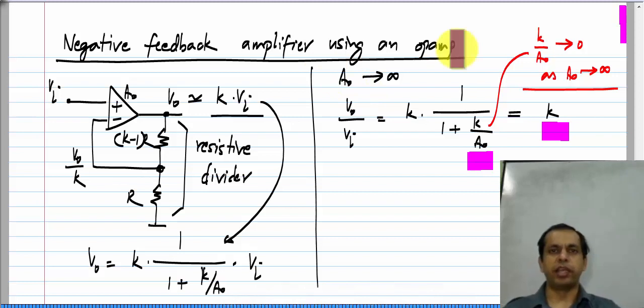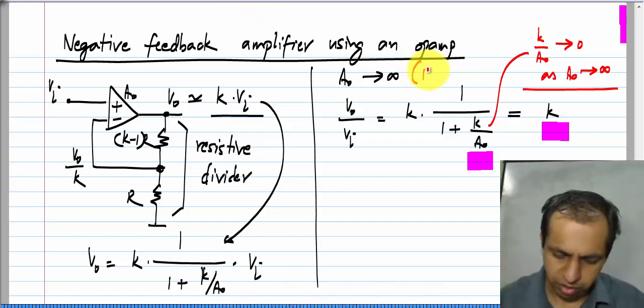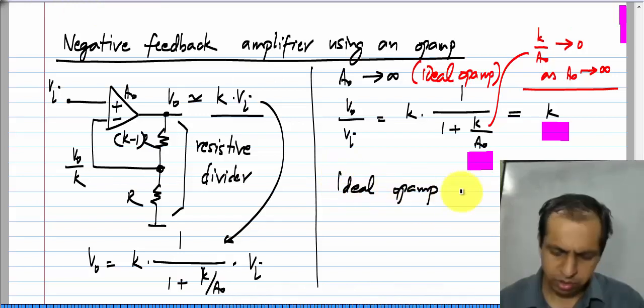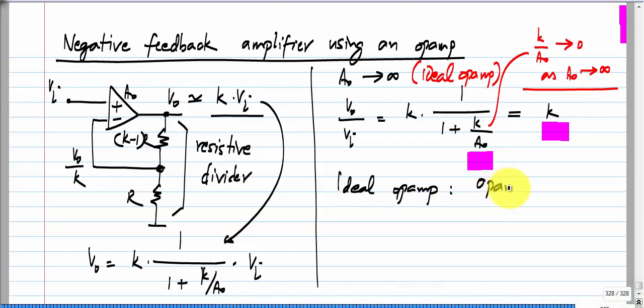An op amp whose gain A naught is infinity is known as an ideal op amp. In other words, an ideal op amp is one where the op amp gain A naught tends to infinity.